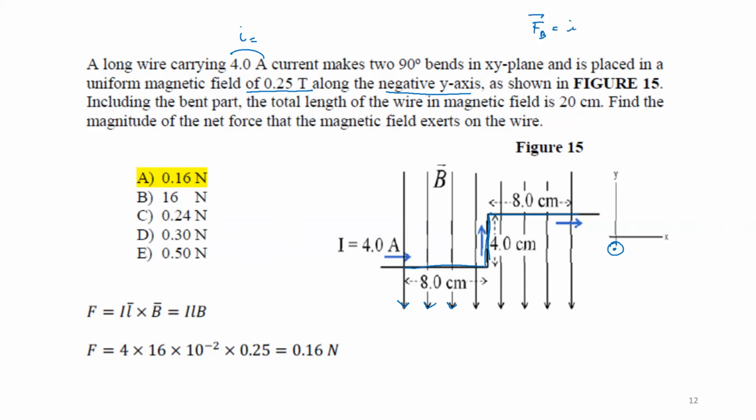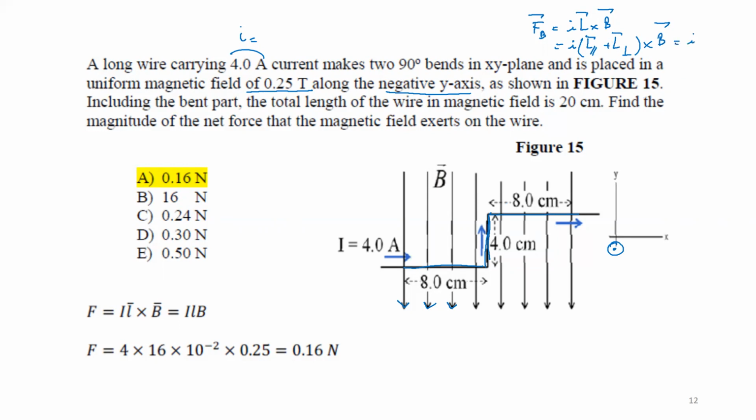How do I get FB? It's I L cross B. Now, as I said in class, this L here has two components: the L parallel to B plus the L perpendicular to B, cross B. Of course, the L parallel to B does not do anything.